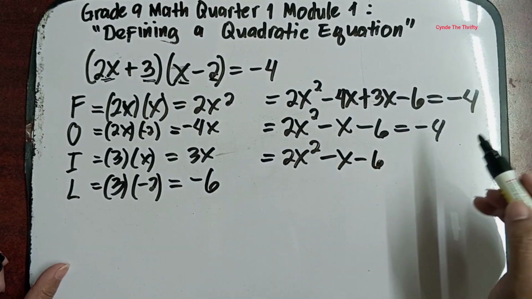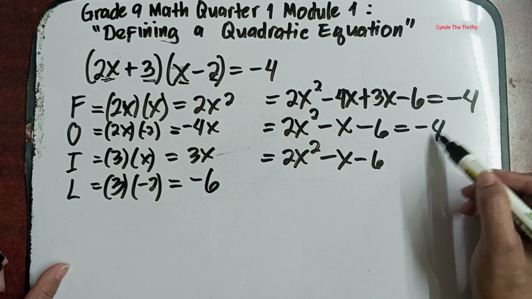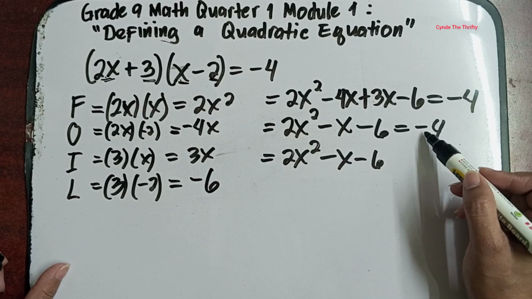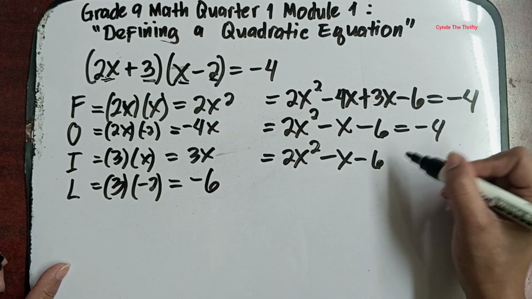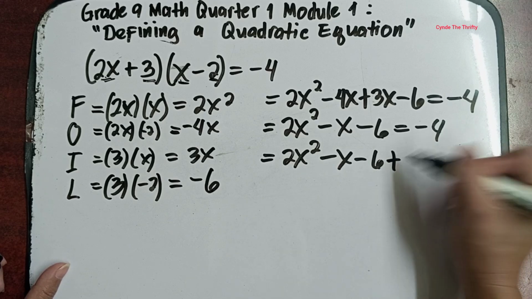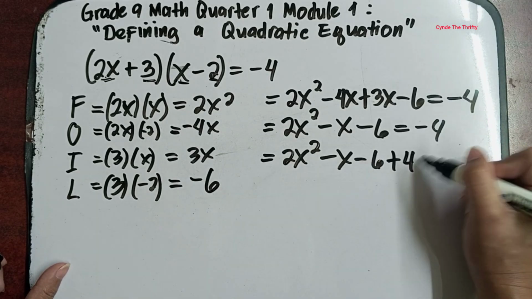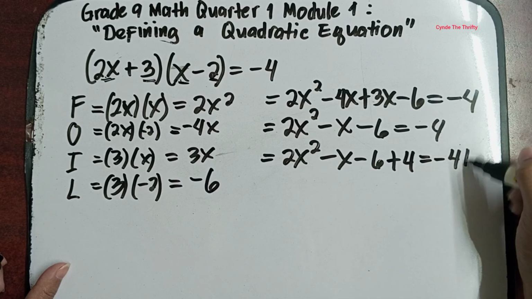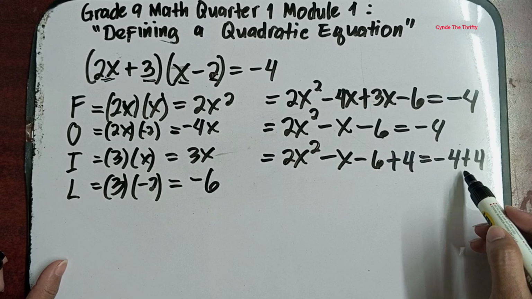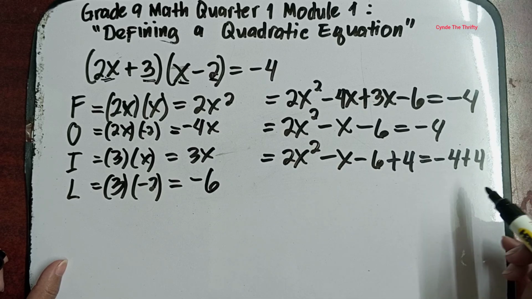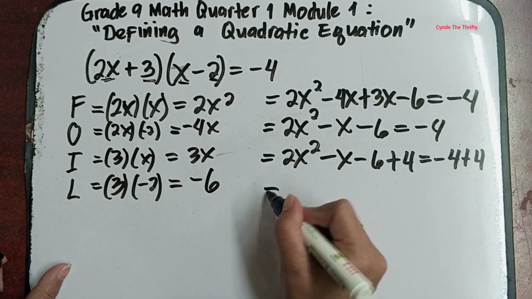Kapag gagamitin natin ng addition property of equality para maging 0 si 4 kasi negative siya, so dapat positive ang ilagay natin na 4 para maging 0. So, mag-add din tayo sa kabila ng 4 and then negative 4 plus 4. Ito yung tinatawag nating addition property of equality. Ang ginawa natin kanina is subtraction property of equality.